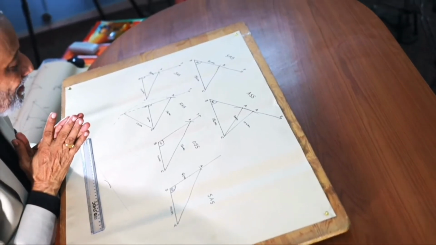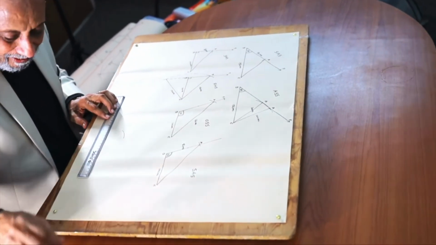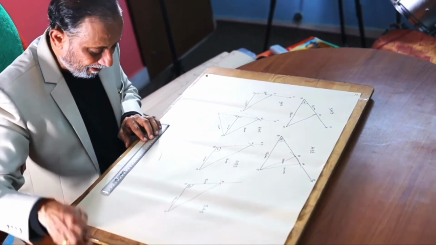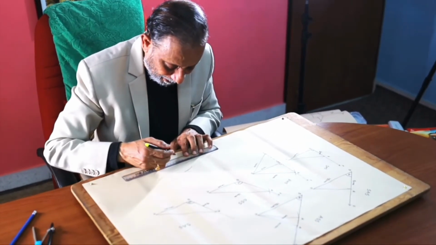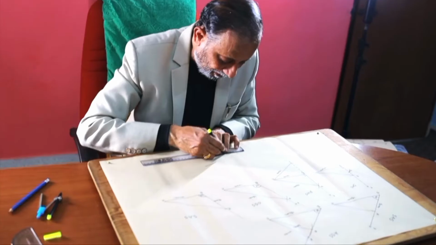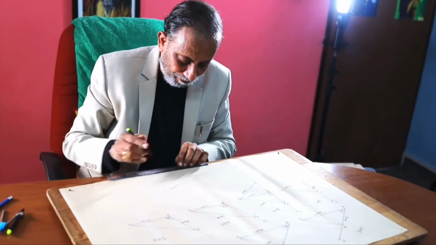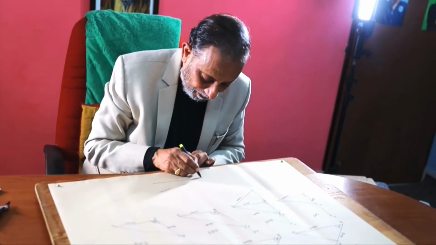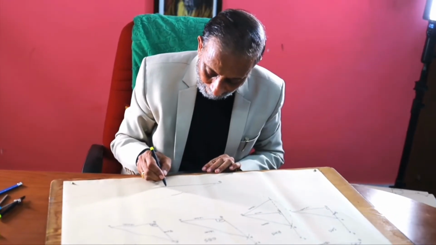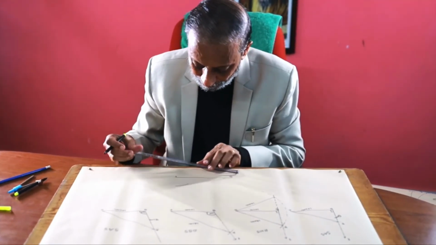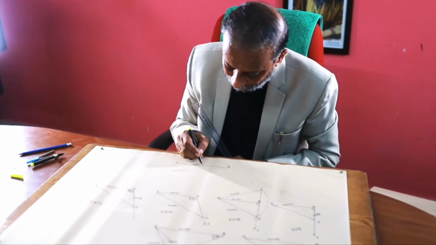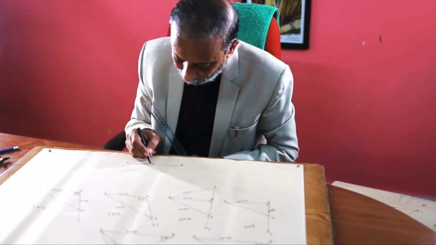There is one more last case that is left out. I want to share that with you. Let us draw the base, say BC, once again for the last time. This is the base BC, which is equal to 15 centimeters.